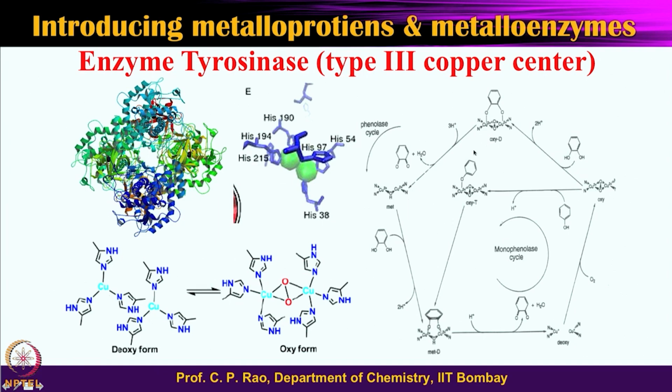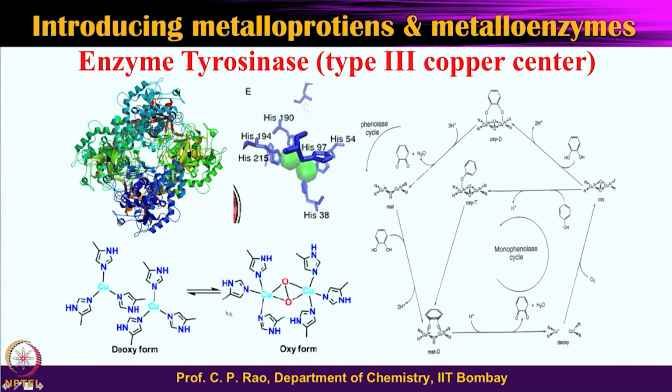So, in this enzyme tyrosinase, let us look at how the tyrosinase functions. Before that, let us have a look at the protein in the resting state, which is the dicopper with 3 histidines on each and no connectivity between the coppers, and each one is a copper 1.